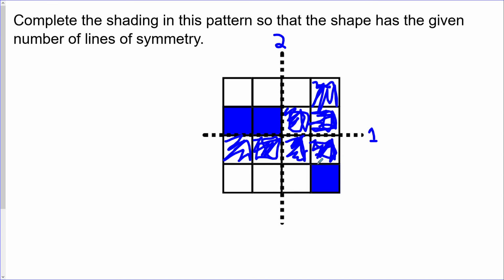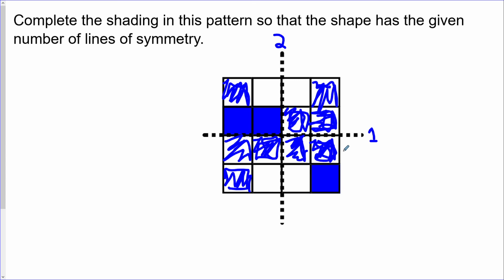And then we're still missing a little bit because of this line of reflection. We've got that top right and bottom right box, but because we're reflecting it along that vertical axis, rather than up and down, we need to color in the top left and the bottom left so that they will be reflections of the top right and bottom right.